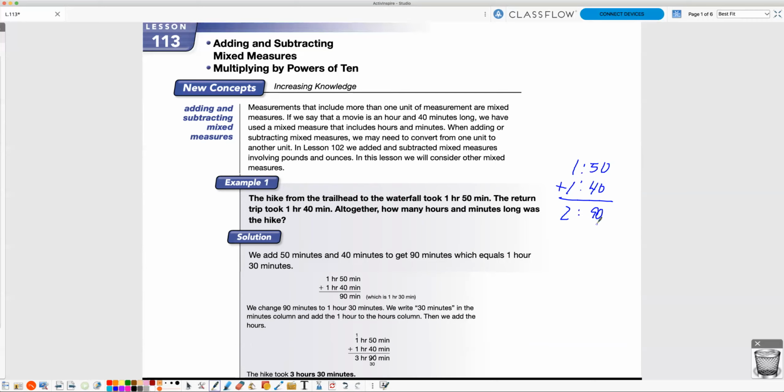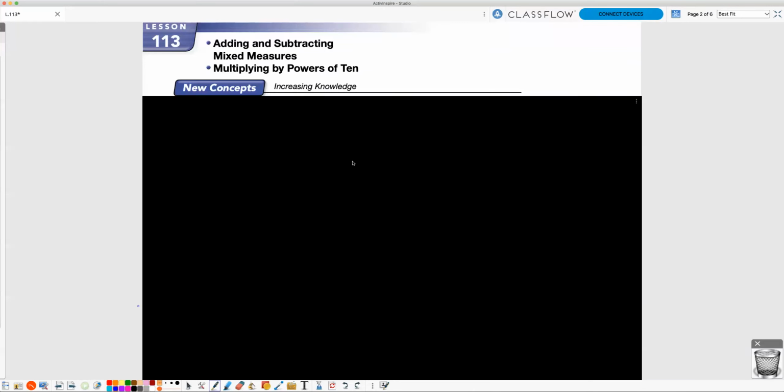And that 90 minutes is equivalent, so this 90 is the same as 1 hour and 30 minutes. And if you take that 1 hour and 30 minutes and you add it to the 2 hours previous to that, you'd end up with 3 hours and 30 minutes. So that's how long it took the hike round trip.